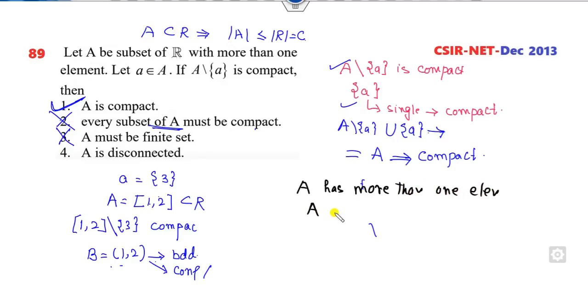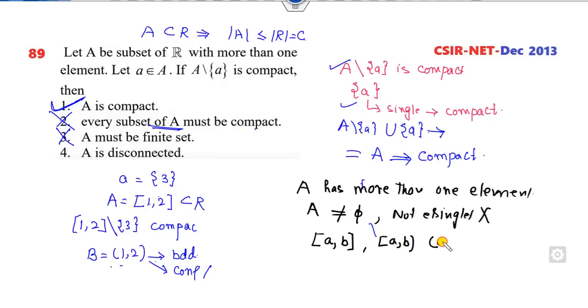It means A is not a singleton. Fine, because it has more than one element. So what is the nature of A? A can be a closed interval, A can be an open interval, semi-open, or A can be of this form. Fine, because A is a subset of R.